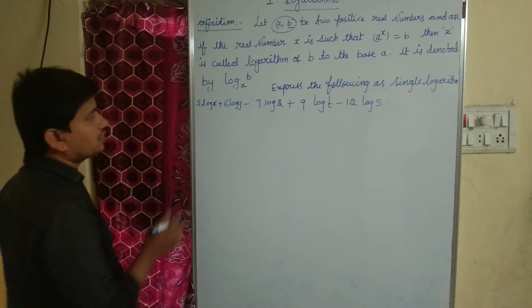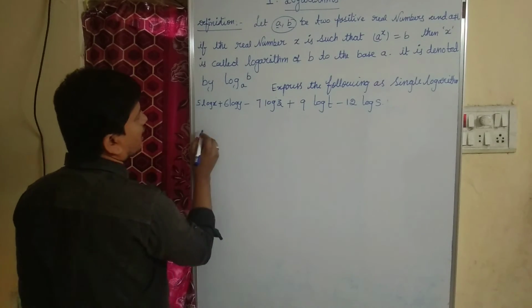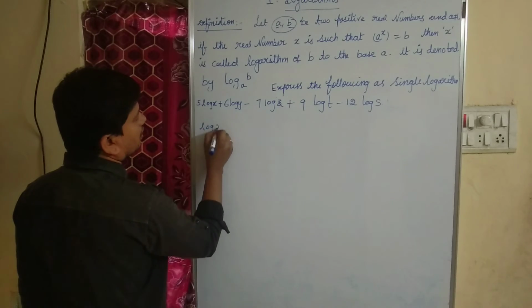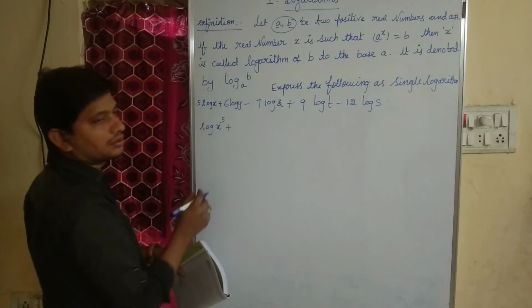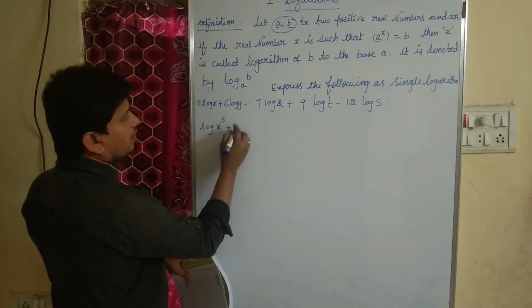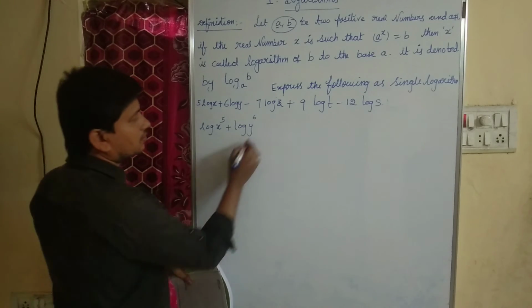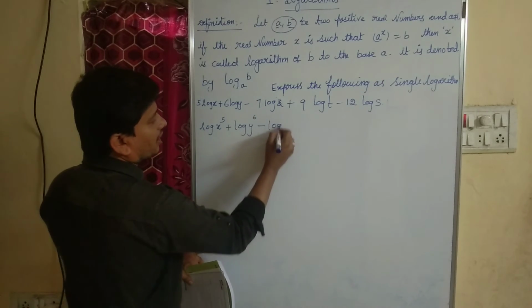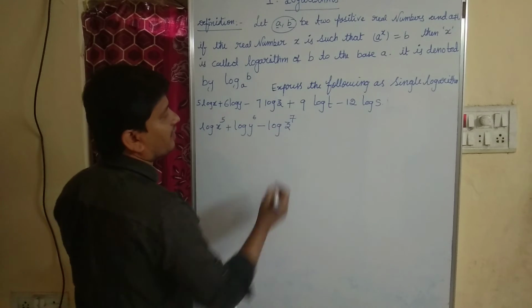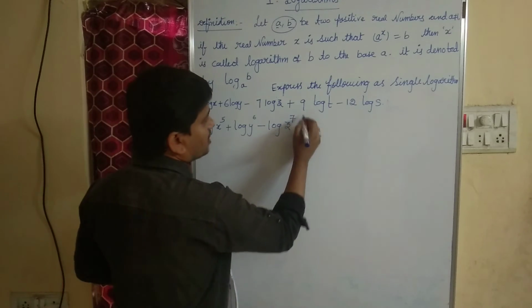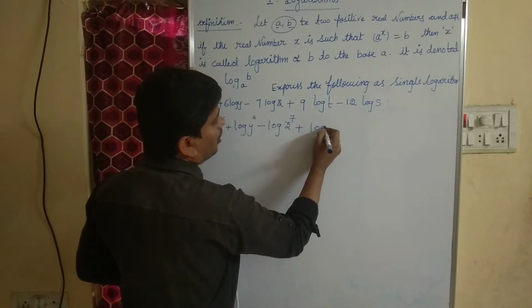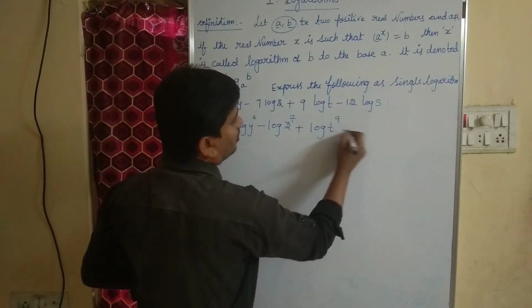Okay, so first you see 5 log x, I can write as log x to the power of 5. 6 log y, I can write as log y to the power of 6. Minus 7 log z, I can write as log z to the power of 7. Plus 9 log t, I can write as log t to the power of 9.